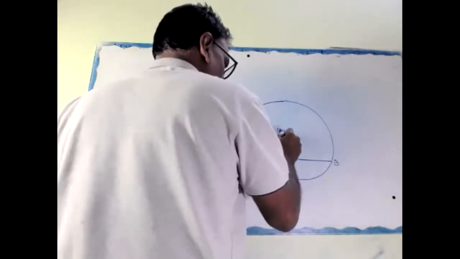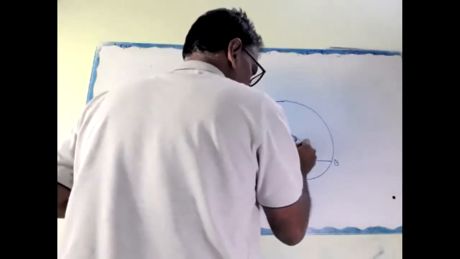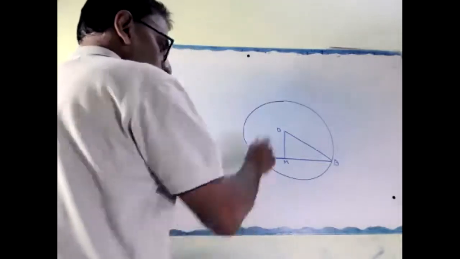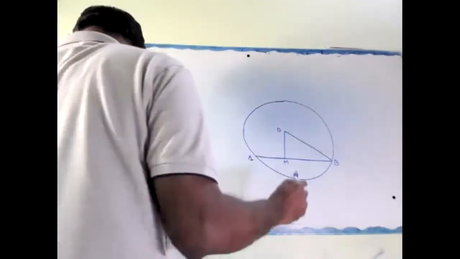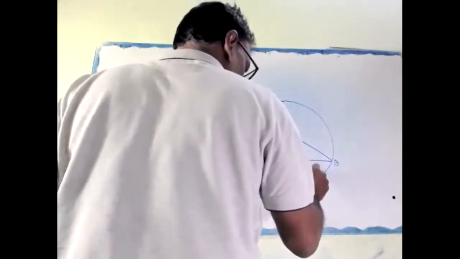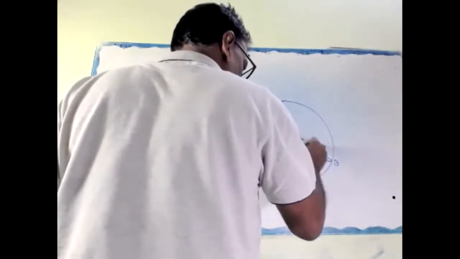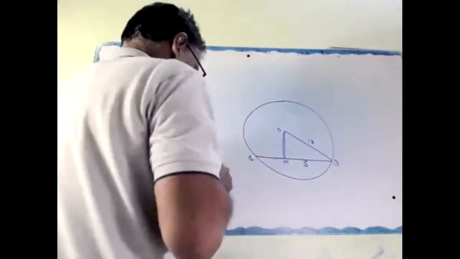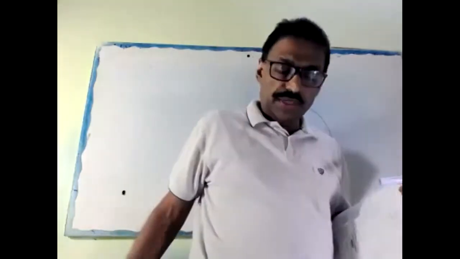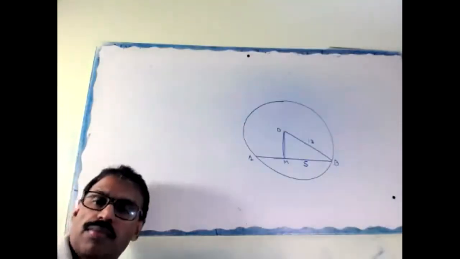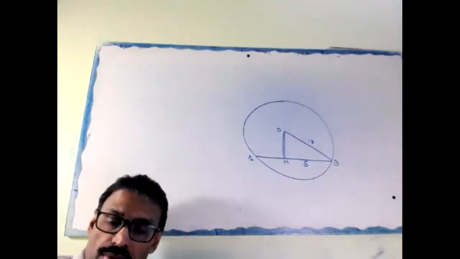Center here, OM. OM is perpendicular to AB. Therefore, this one is 5. This one, 13, is given. We have to find out OM. Do it now. Anybody got OM? How much is OM?